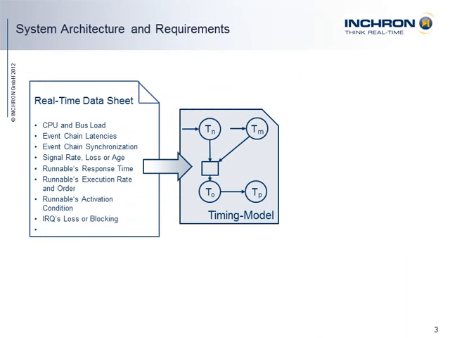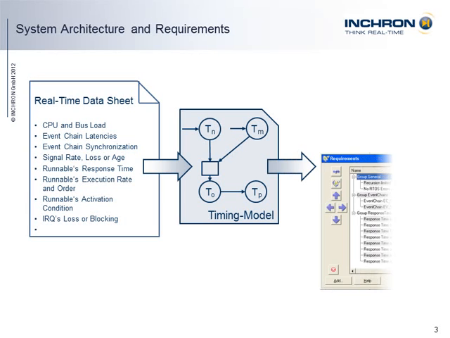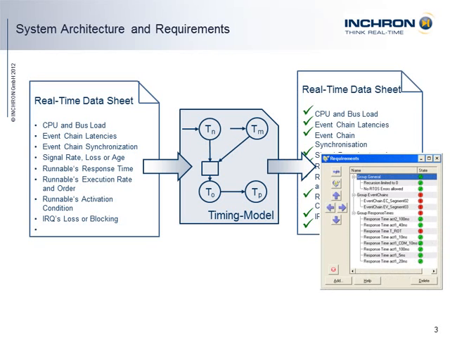They list the classic requirements like CPU and bus load and response times. For event chains, more detailed requirements can be defined and tested, like latency, data loss, or unwanted reuse of old data. Using the Incron tools, these requirements are checked. The system will be optimized using what-if analysis until all the requirements are met.